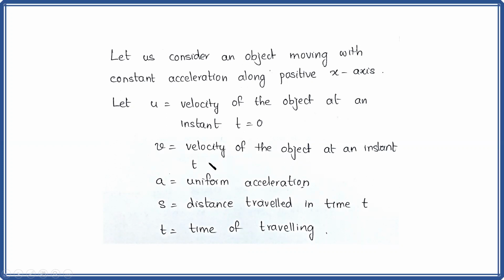So after a time t, the final velocity of the object is v. A is the uniform acceleration, S is the distance traveled in time t, and t is the time of traveling.